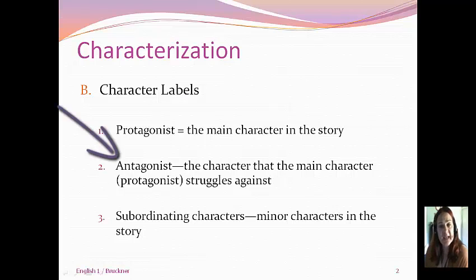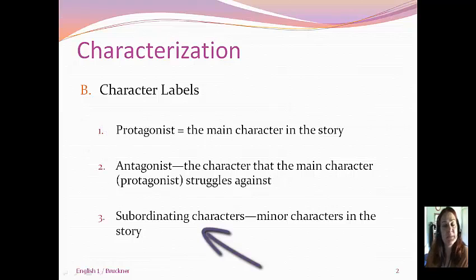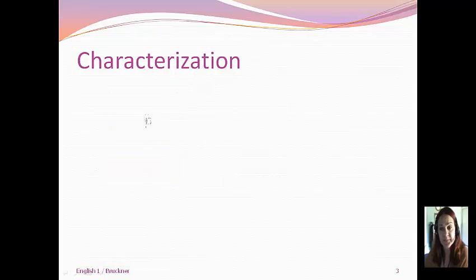The antagonist, the character that he struggles mainly against, of course, is, right, Zaroff. And then we have our subordinating characters, which in this situation would be Ivan and possibly even the dogs. The dogs do play a role. So we have our protagonist, our antagonist, and our subordinating characters.